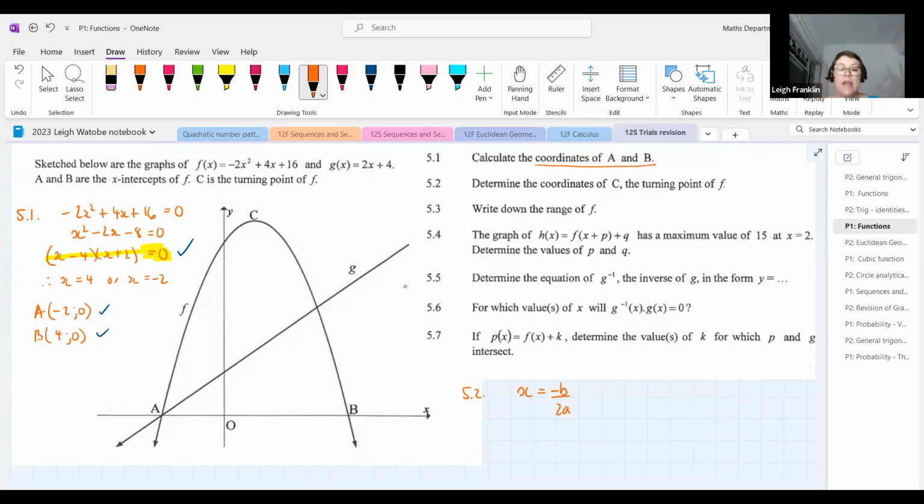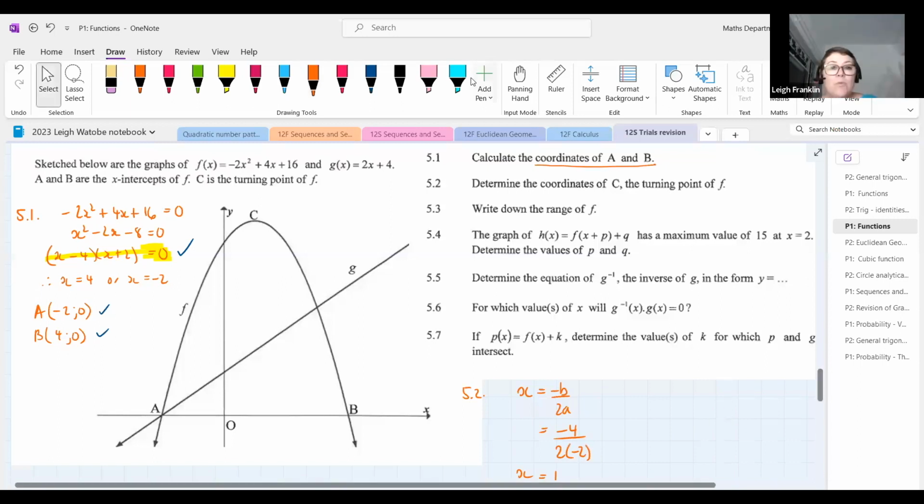That calculates the x coordinate at the turning point. And since they've given us the graph in standard form, we can sub in -4 over 2 times -2, and that's why x would be equal to 1. So that would be one way of doing it.